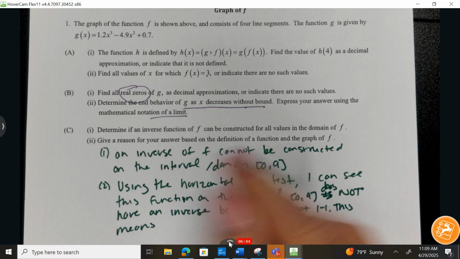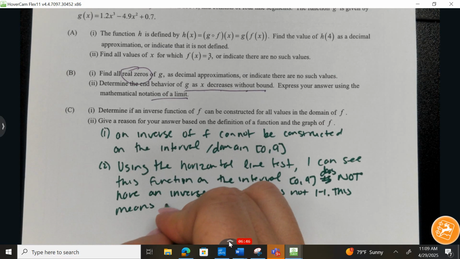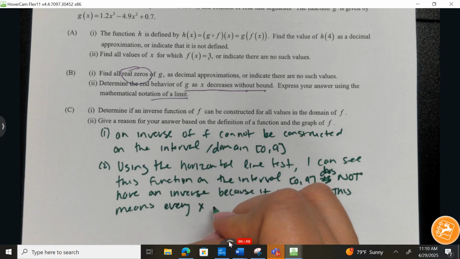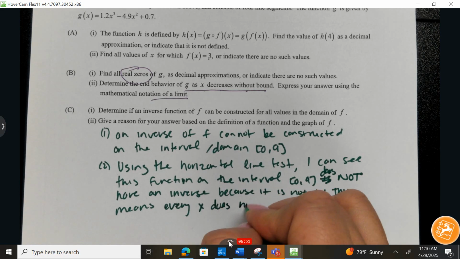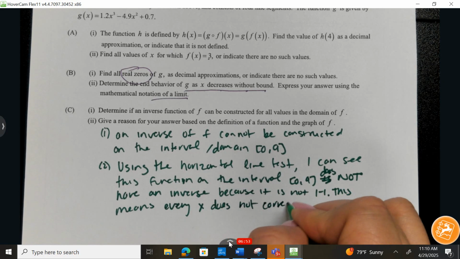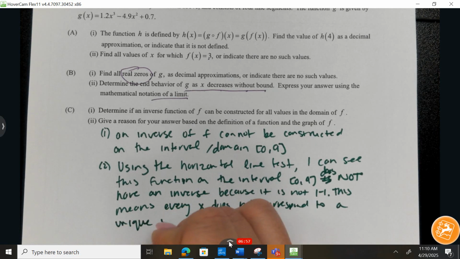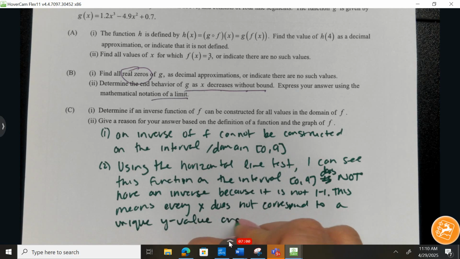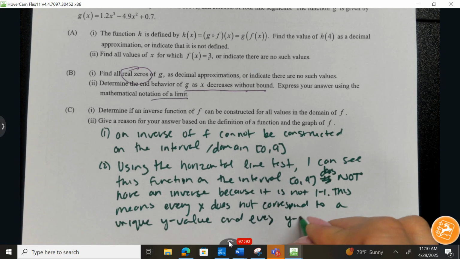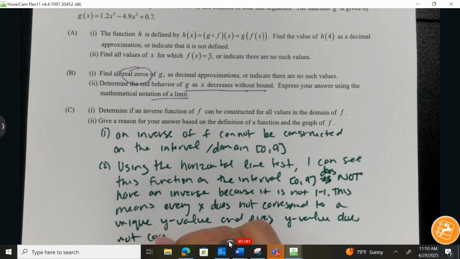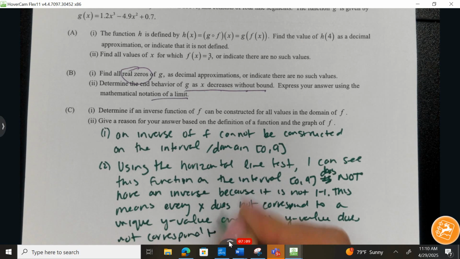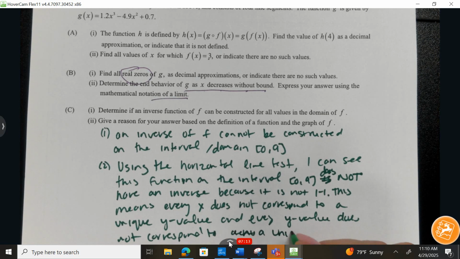This means every x does not correspond to a unique y value, and every y value does not correspond to a unique x value.